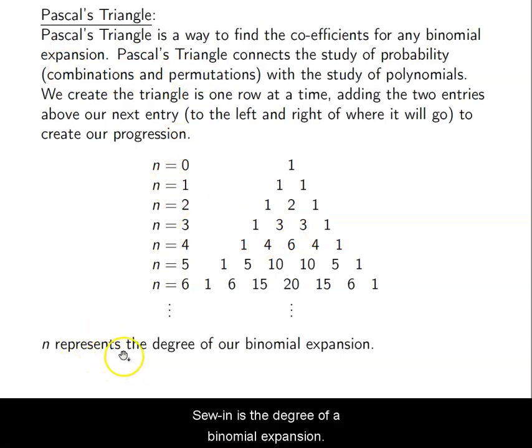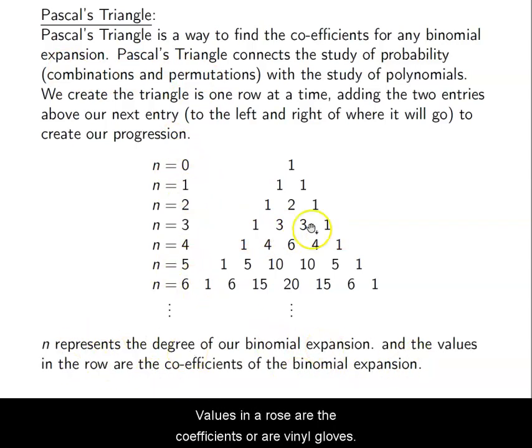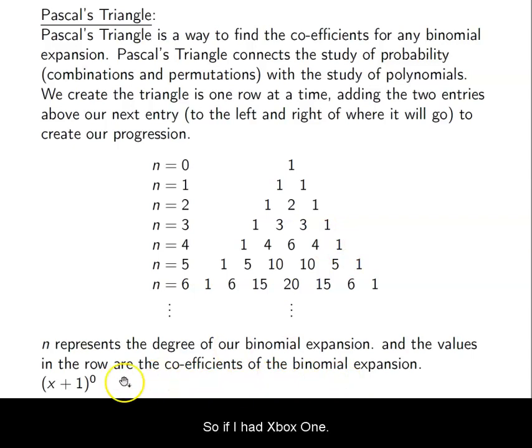Okay, so n is the degree of our binomial expansion, and the values in the rows are the coefficients for our binomial expansion. So again, if I had x plus 1, 1 for x and 1 for the value 1 here, to the 0 power, that's 1. X plus 1 to the first power, 1 plus 1.